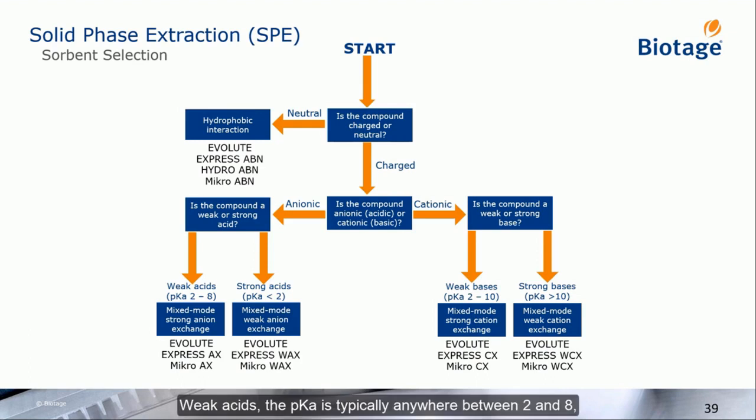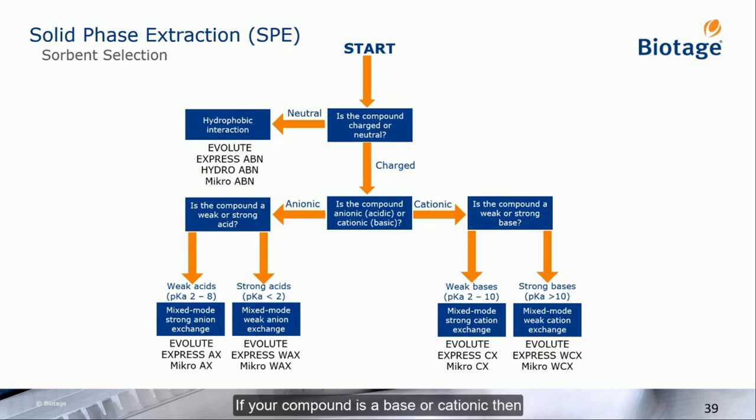Weak acids, pKa typically anywhere between 2 and 8, then you'd be looking at a mixed mode strong anion exchange sorbent, something like EVOLUTE EXPRESS AX or the micro version. If you've got a strong acid, pKa's are pretty low, less than 2, then you're probably looking at a weak anion exchange mechanism, so something like a WAX phase.